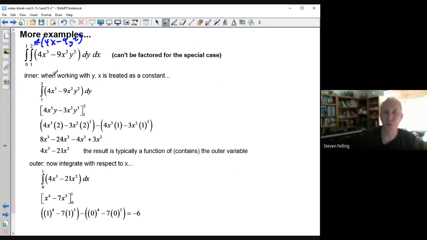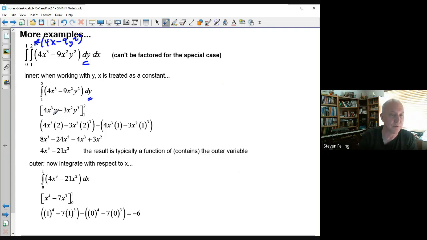So in that case, you do kind of what we did in the last screen. You just go ahead and work with the inner integral, but you remember to treat the other variable as a constant. So while we're doing the inner integral, which is dy, we treat the x as if it was a constant. For this term, the antiderivative would just be the constant times y.